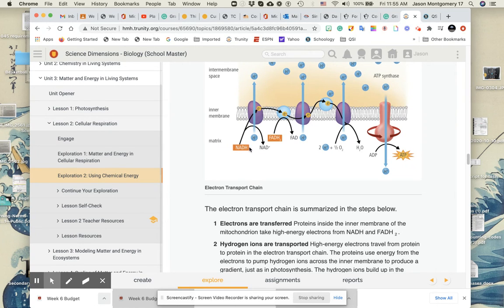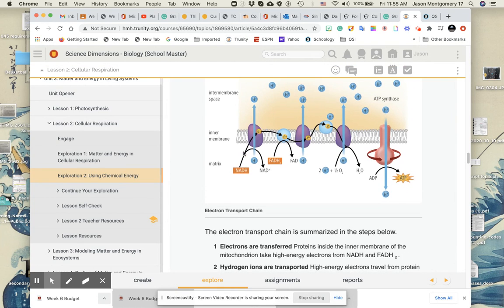And when an NADH is released, it releases a hydrogen ion here, and that is then pumped across the membrane. Same thing over here when the FADH2 comes over, picks up its charge, shall we say, and then releases the electron.